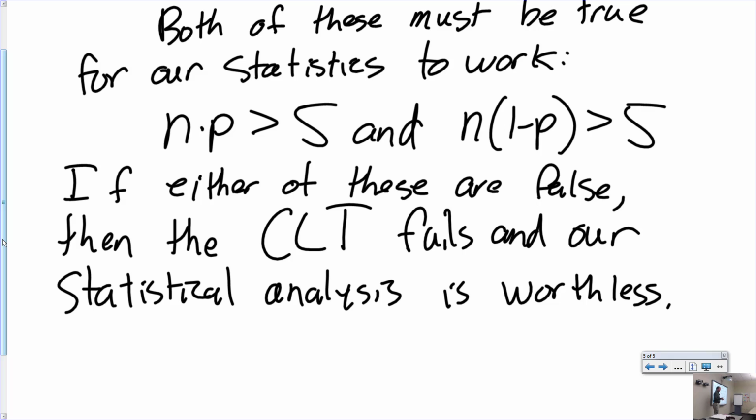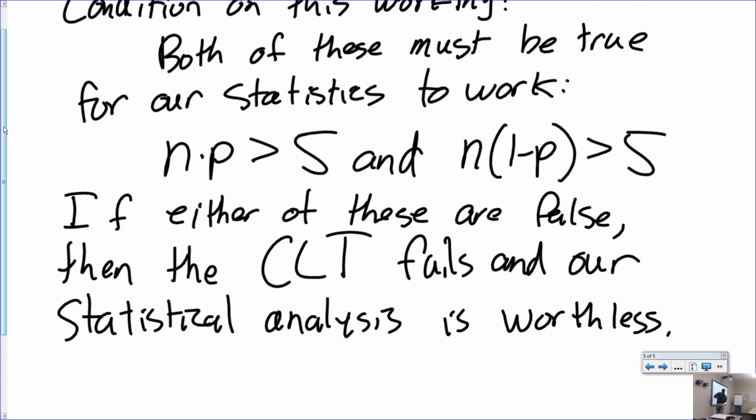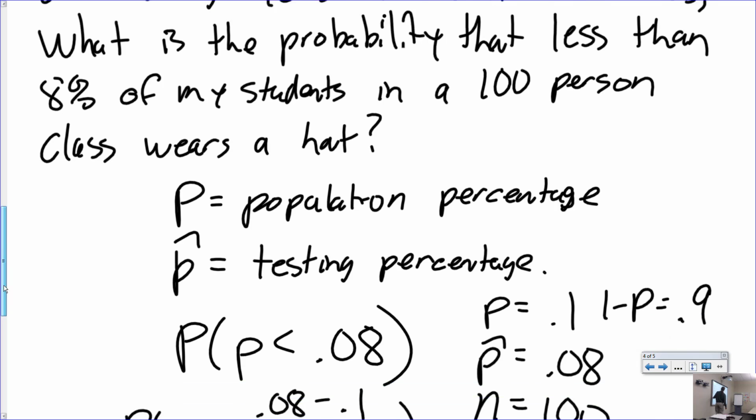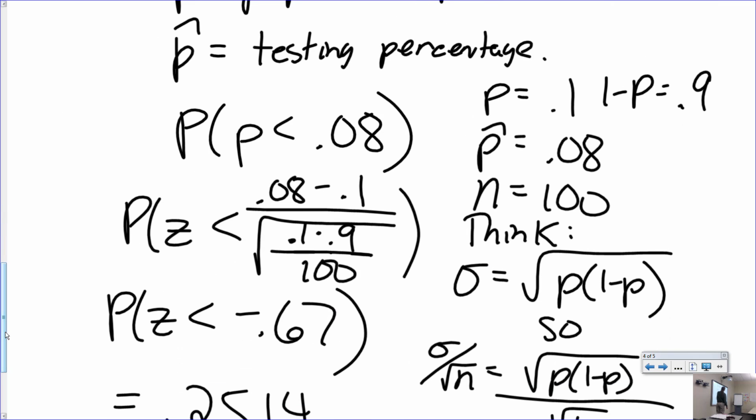Not bad. And again, often on a test, you will have one where technically the answer should be there's nothing we can do, and it's because one of these will wind up being false. What we just did, one was 90 and one was 10.